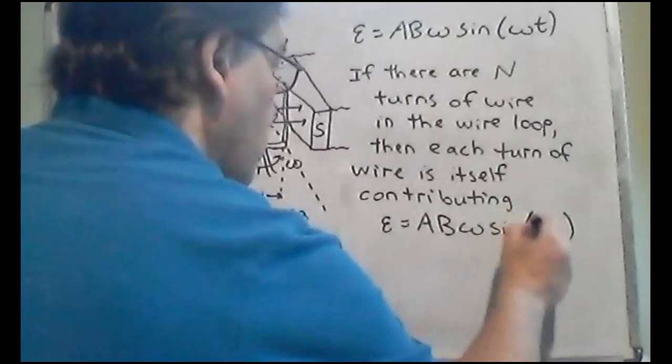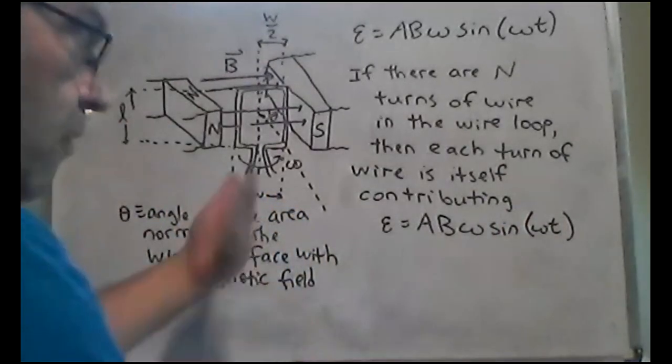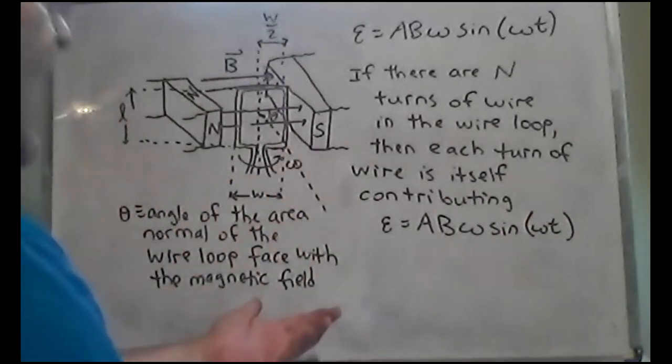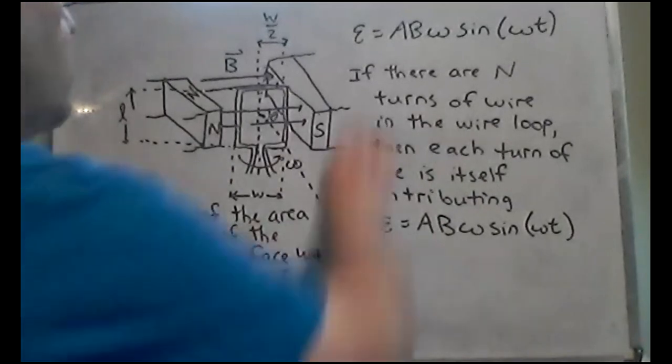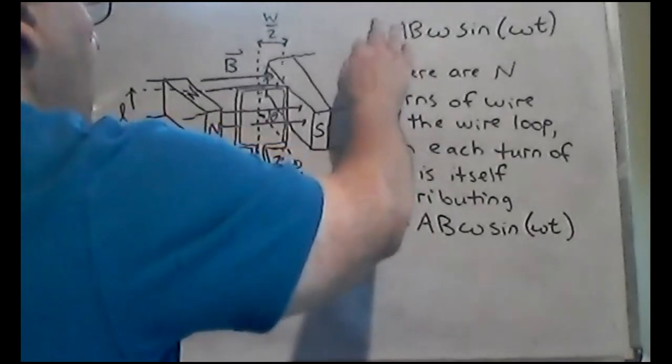Each one of those is. So I'm going to have a whole bunch of them added together. That's going to be n of them. So how do I fix the equation up? Well, it's real easy. I just multiply the front of it by n.